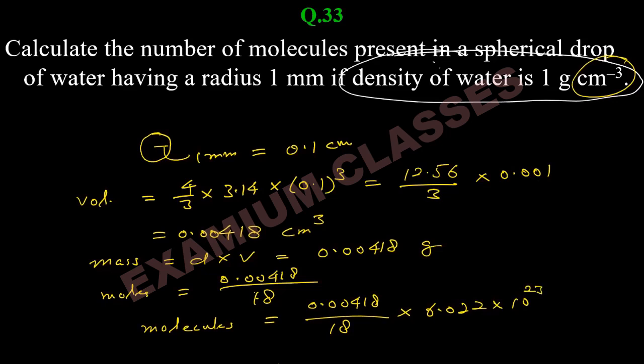So 6 threes are 18, 1s are 3. Yes, you are right. It will be 1.4 something, correct. Because if I consider now this one as 6, 6 threes will be 18. So 4 point something divided by 3 will be 1.4 something. So your answer is correct. It will be 1.4 into 10 power 20.